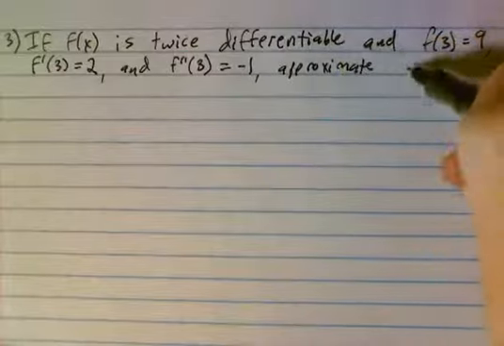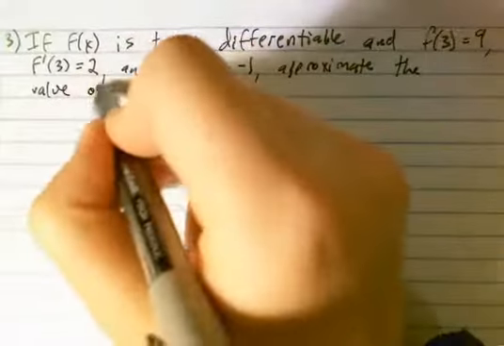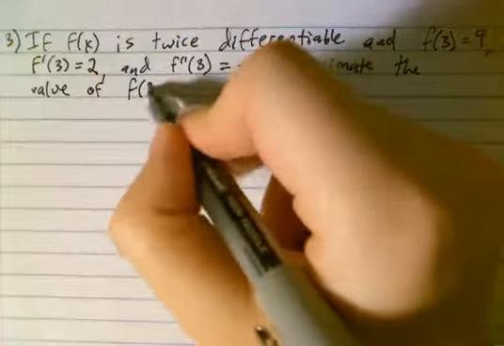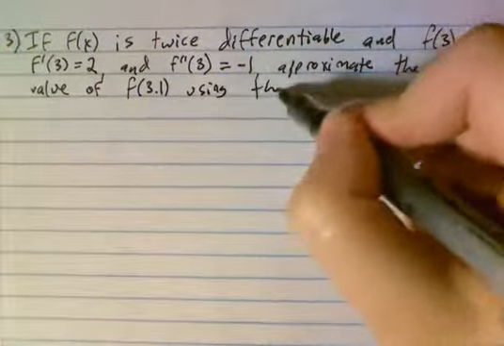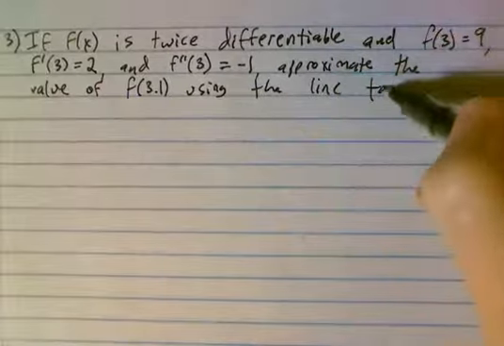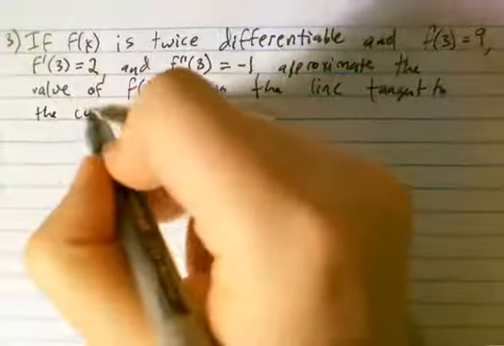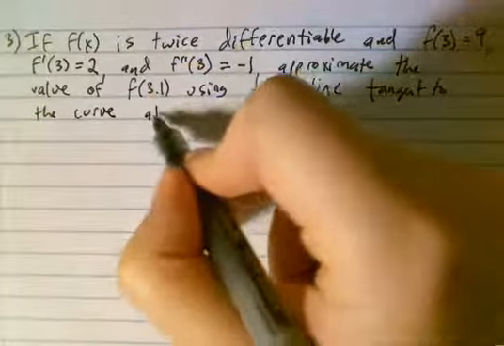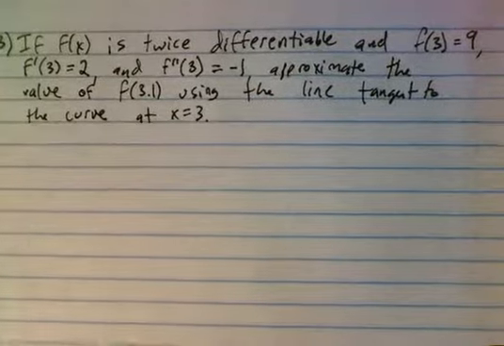Approximate the value of f of 3.1 using the line tangent to the curve at x equals 3. So if you notice with this problem, we actually don't even have an equation.